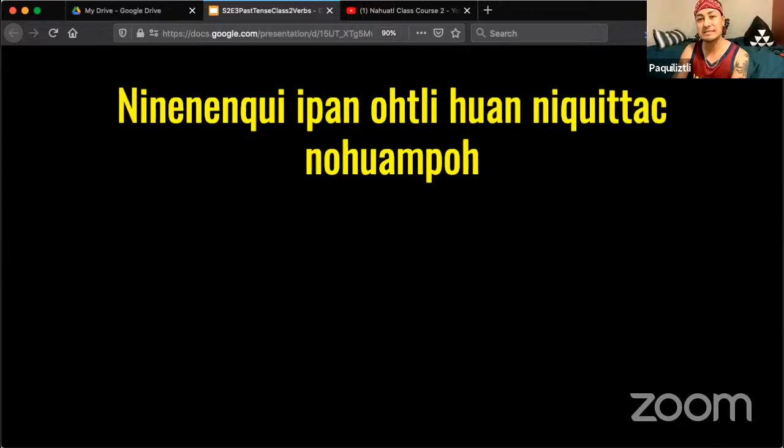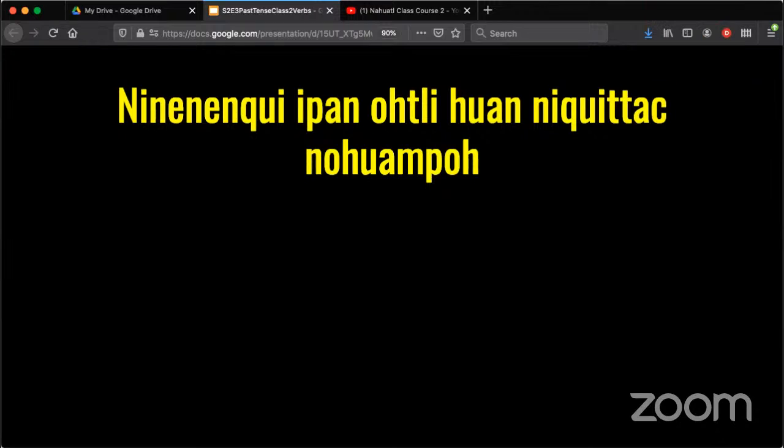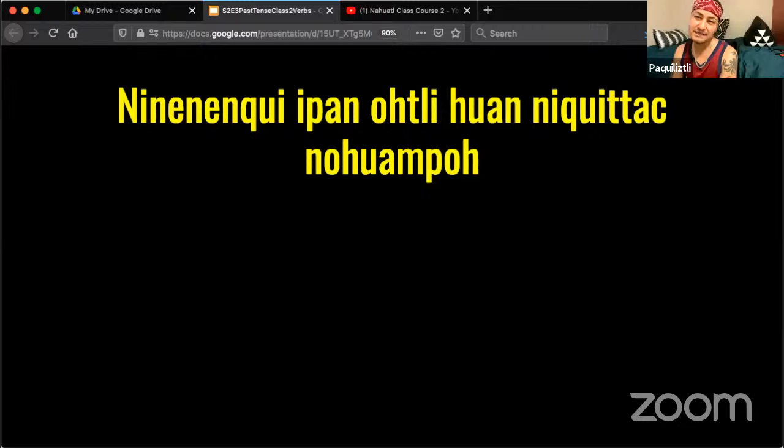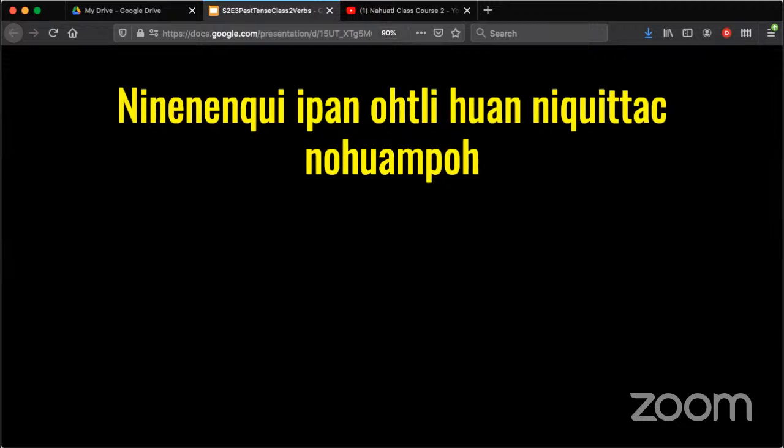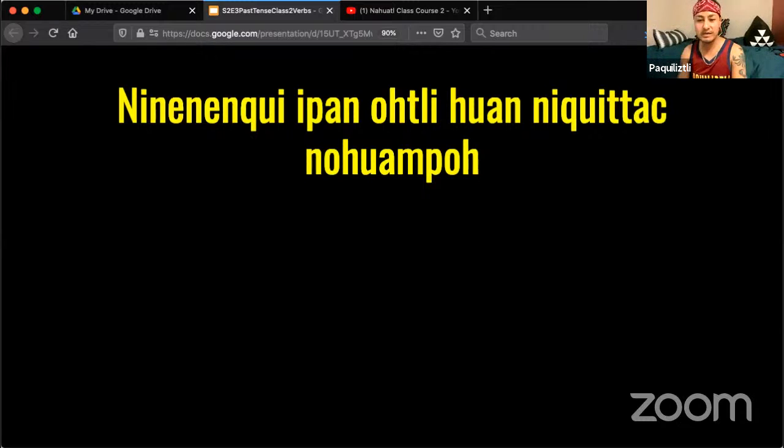So ipanotli means on the otli. Who knows what otli means? Is the road a pavement? Yeah, I guess it could be pavement. It's very broad, this word otli. It can mean road, pavement, walkway, or on the way to something. So on the road, on the way, ipanotli.